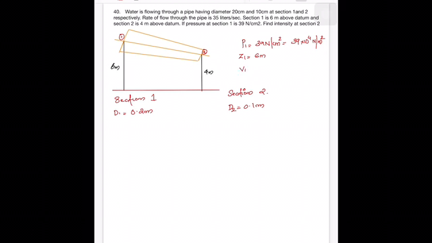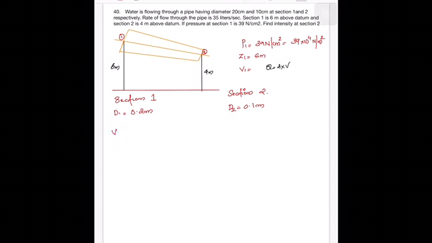V1 we will have to find out from the equation Q equal to area into velocity, discharge equal to area into velocity. From that we can find out V1, and similarly V2 also. Now let us find out V1.